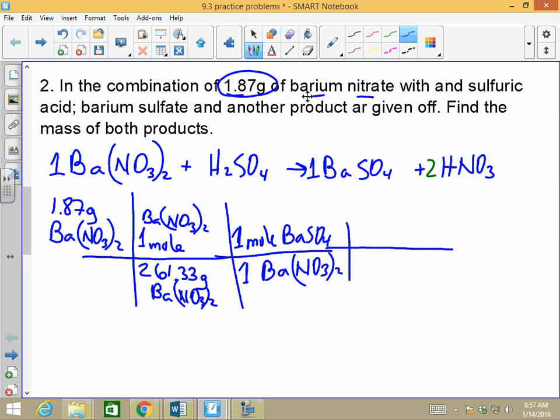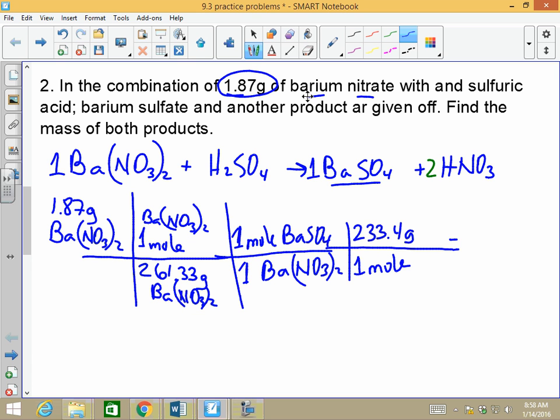Let's continue with this. Now I go to the mass of what I'm searching for. This is standard 1 mole. And I go to the mass now of BaSO4, which is 233.4 grams.